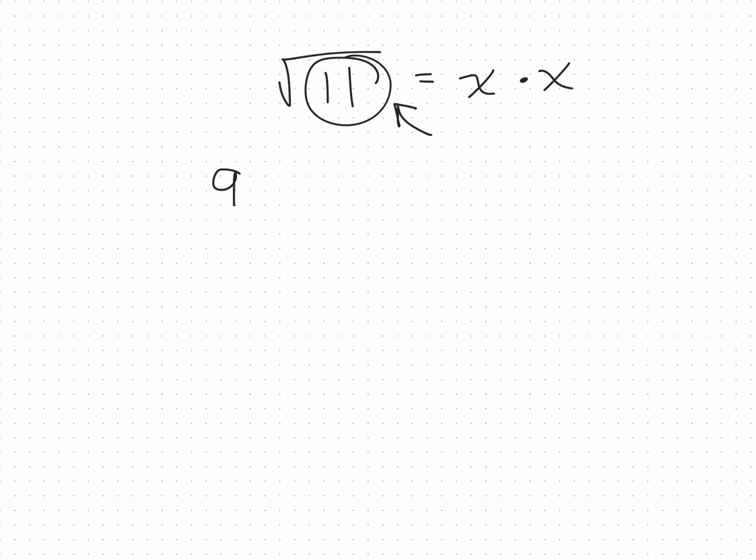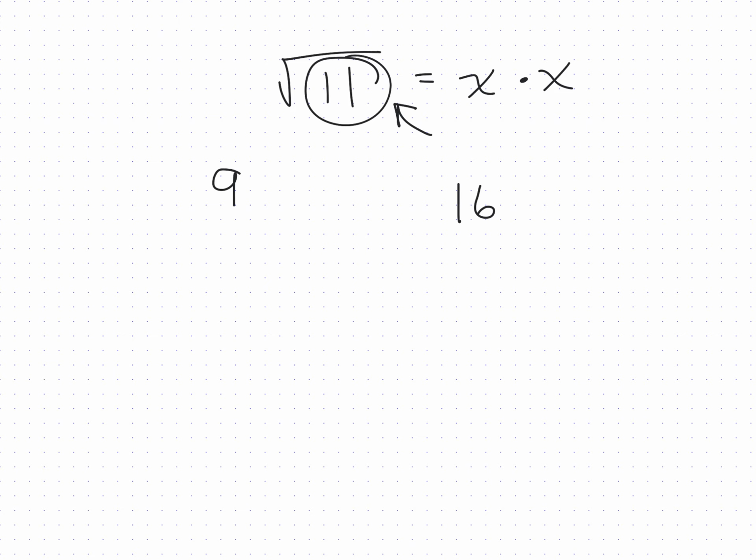The next closest larger perfect square would be 16 because 4 times 4 equals 16. There are no perfect squares between 9 and 16, so we know we've done a good job. Again, we know that 11 is between 9 and 16, and that's why we chose those perfect squares.